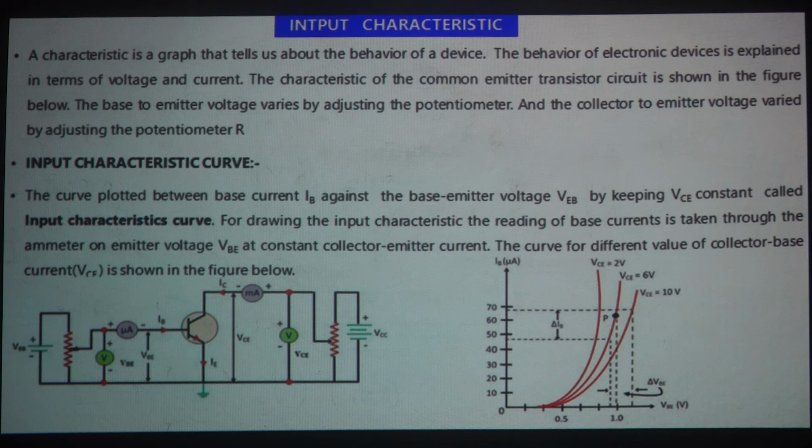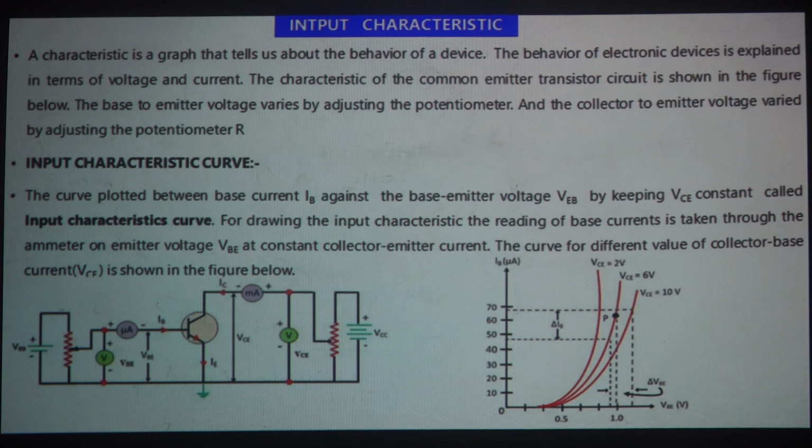For drawing the input characteristics, the reading of the base current is taken against the emitter base voltage, that is VBE, at constant collector emitter voltage.